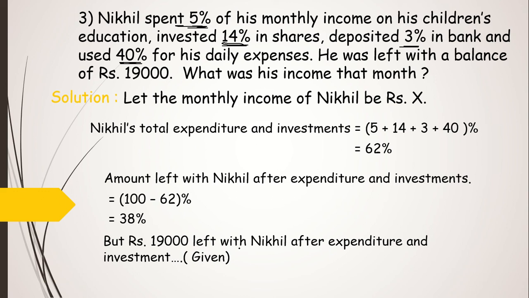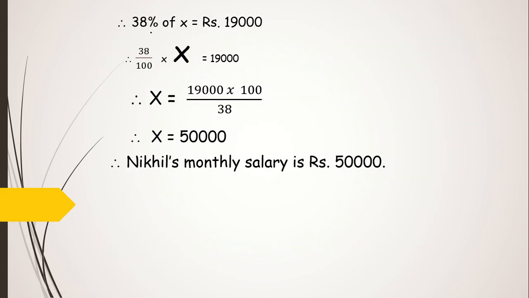But rupees 19,000 is left with Nikhil after expenditure and investment. So equate that with 19,000. 38% of X is rupees 19,000. Therefore 38 upon 100 into X. Now I have written this big so that there shouldn't be confusion between multiplication and X. So 38 upon 100 times X is 19,000. We just solve and we get the answer 50,000. So Nikhil's monthly salary is 50,000. Let us proceed to the next sum.